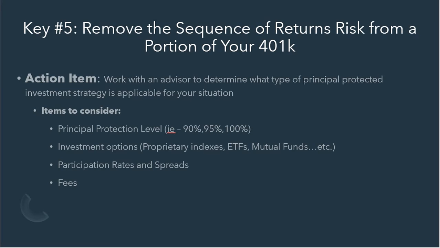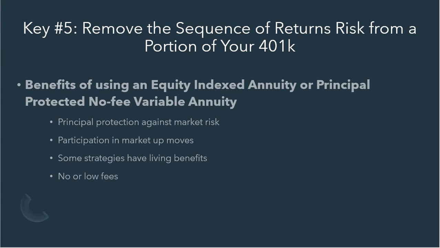So that's something, even in your 401k, if you look at the actual fees in your 401k, you're paying 2-3% on your money with all record keeping fees and advisory fees and all that stuff. They're in there. So, these strategies that I'm going to go over can have zero fees. I mean, there's a lot of different strategies, but there's some that you can do 100% principal protection and zero fees. So let's talk about equity index annuities.